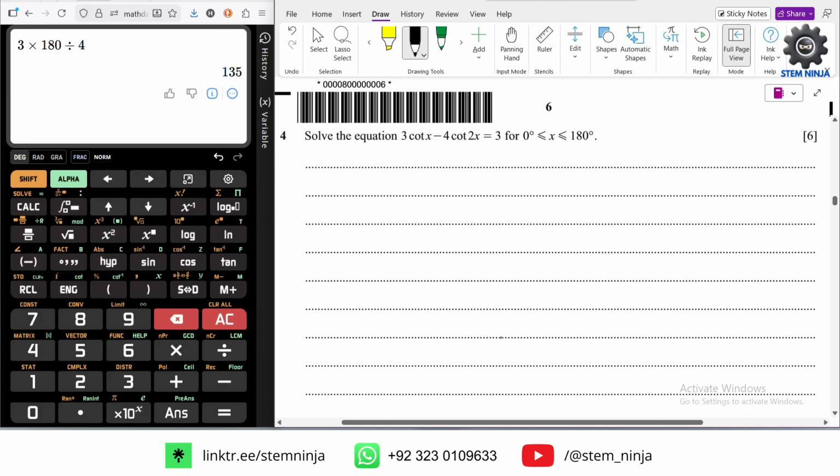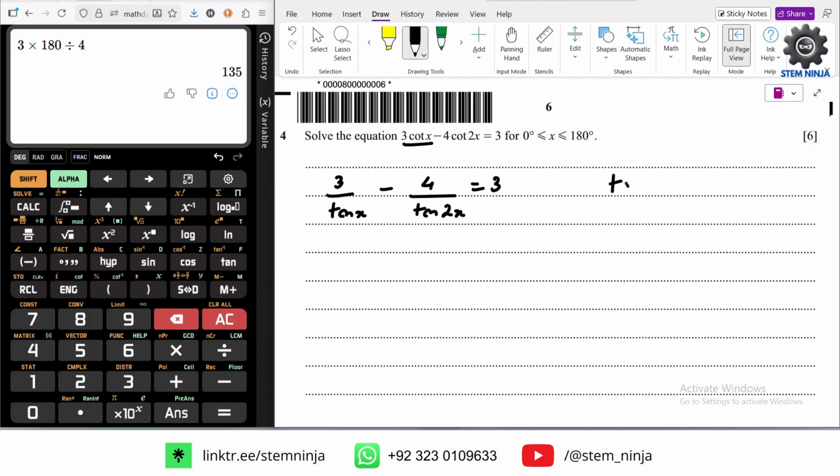Question number 4. Solve the equation 3 cot x minus 4 cot 2x equals 3 for 0 to 180 degrees. Okay, so first off what we need is to convert it into tan. So this is 3 over tan x minus 4 over tan 2x equals 3. So remember the double angle identity for tan 2x.